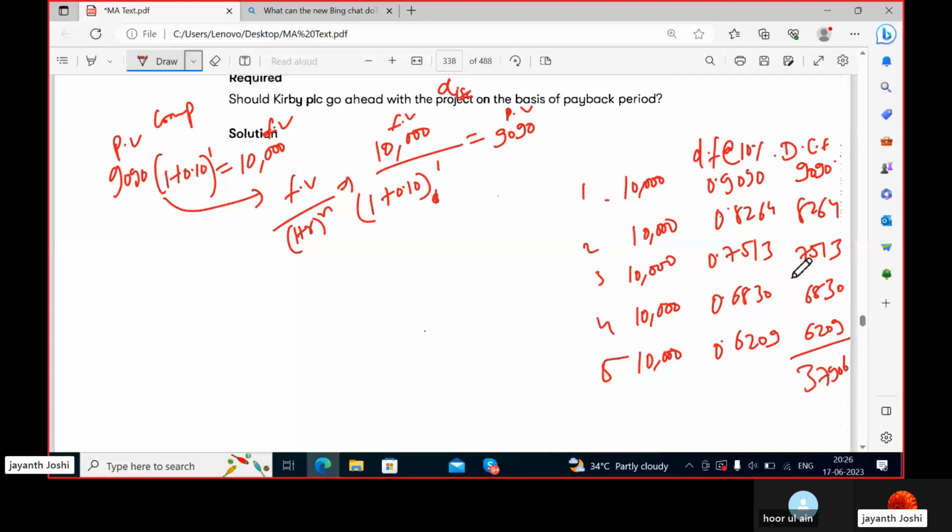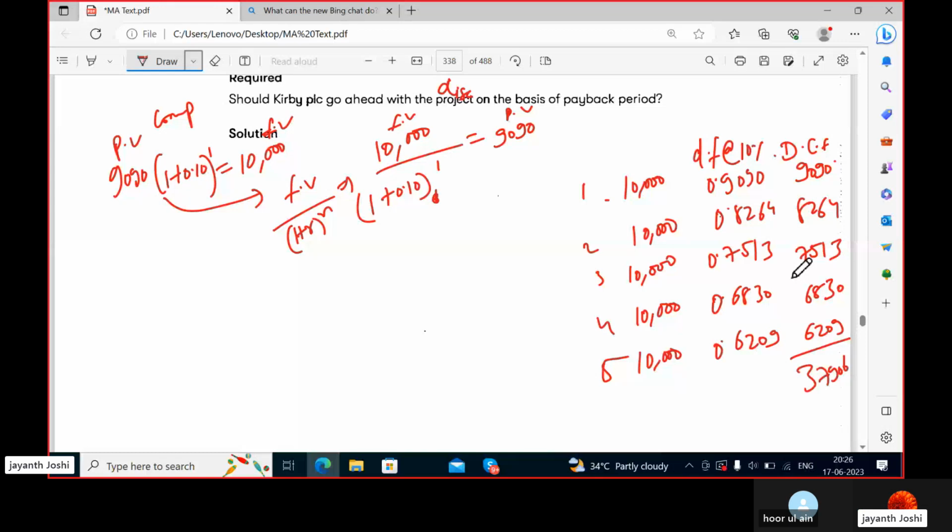Okay. That means the entire value that we are going to get after 5 years, every year 10,000, which is going to become 50,000 after 5 years, is going to be 37,906 as of today. Okay. This is the present value of all these future cash flows.